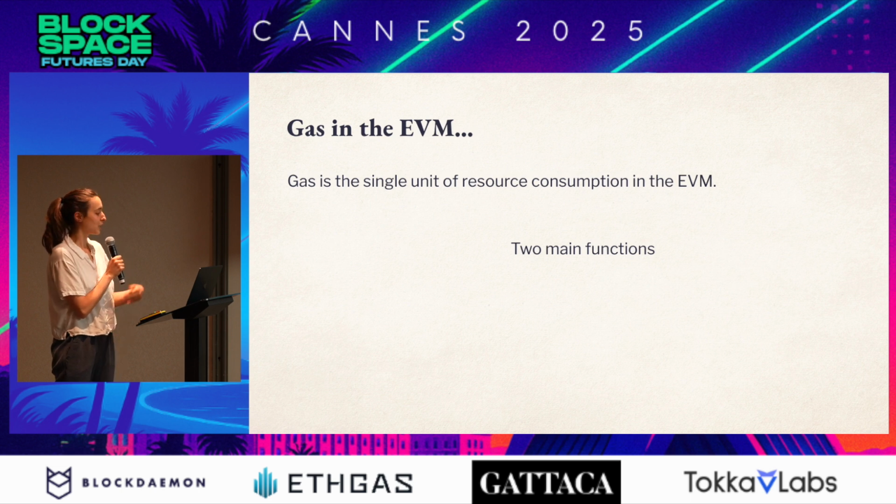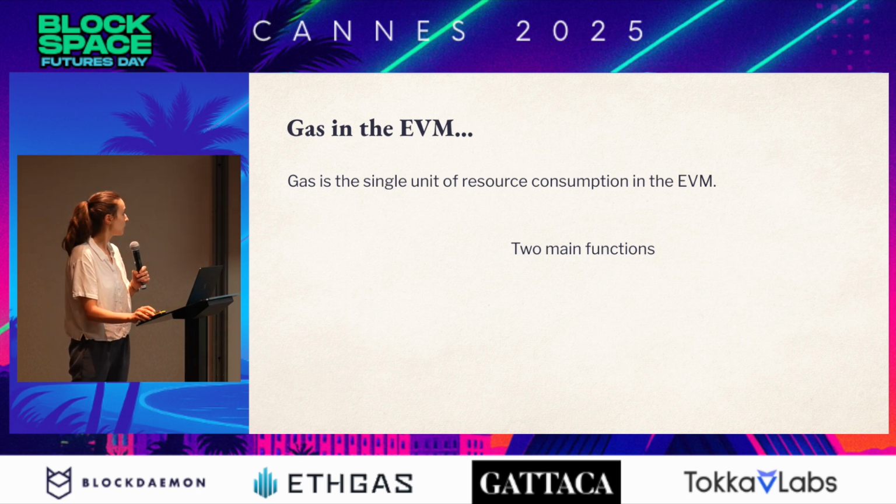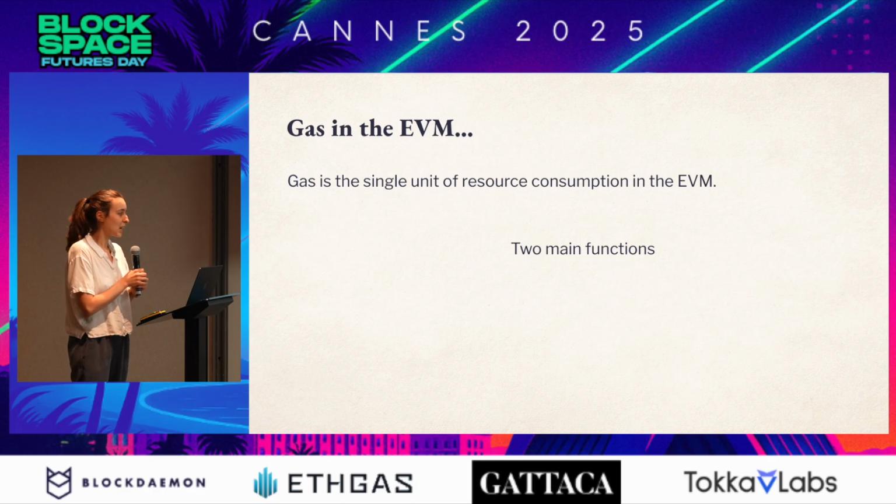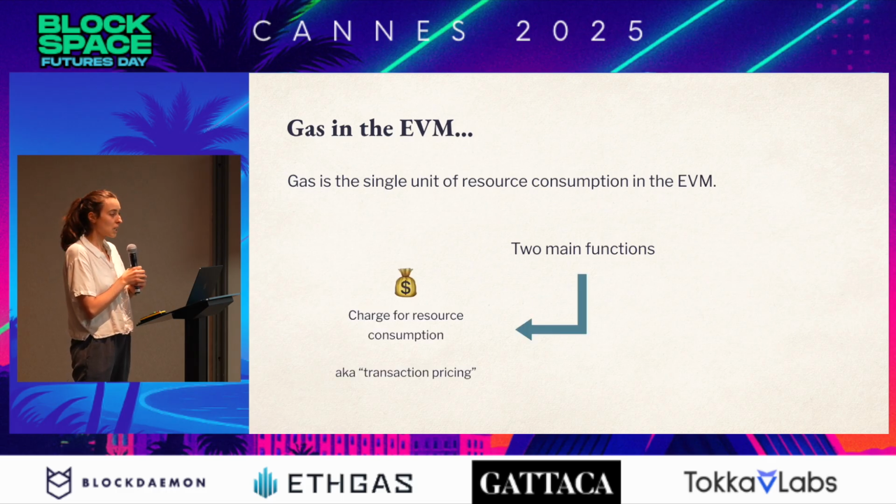But before going to the actual proposal, I want to first start by building a shared understanding of gas in EVM. In this case, gas serves two main purposes. The first one is that gas is used to measure consumption of resources in EVM.